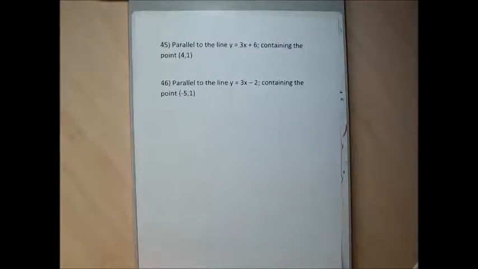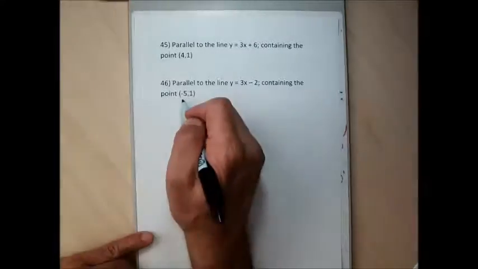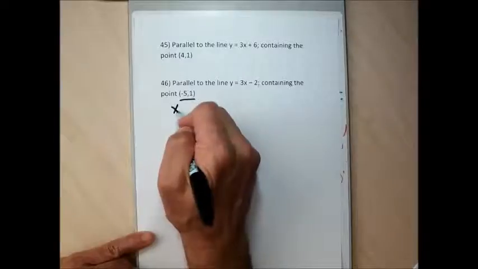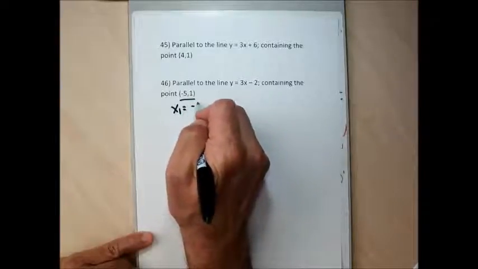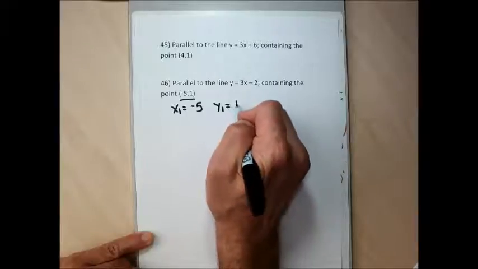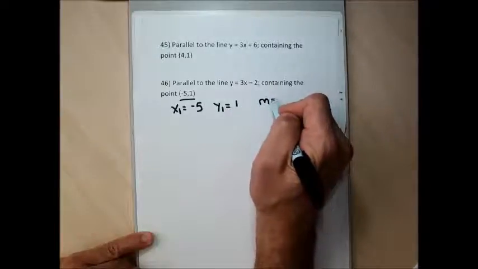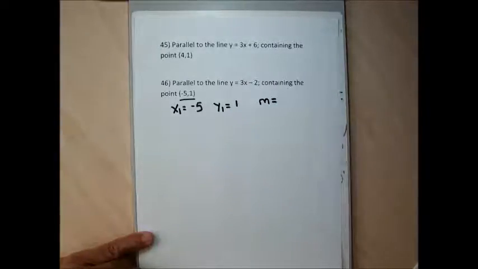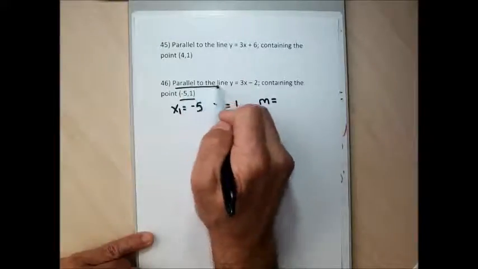45 and 46 are talking about parallel lines. Parallel lines have the same slope. When I look at problem 46, I see a point, so I can use x1 equal to -5 and y1 equal to 1. It doesn't give me an m, but it gives me an equation of a line that it's parallel to.